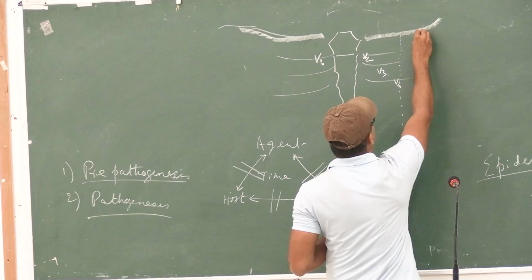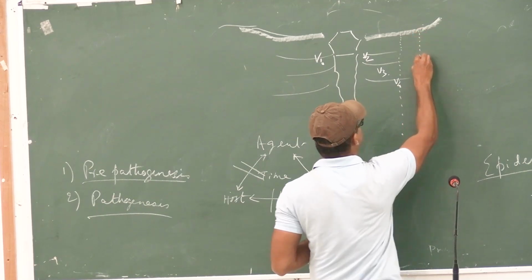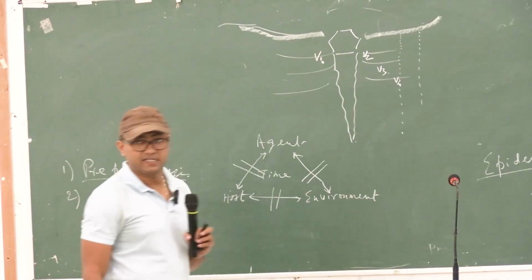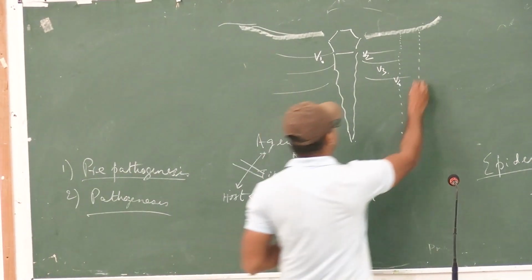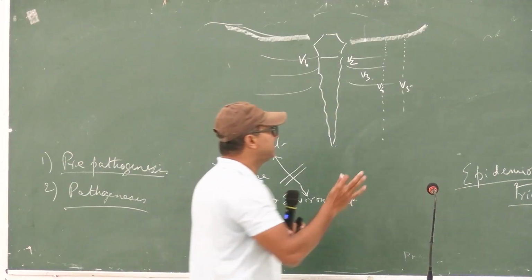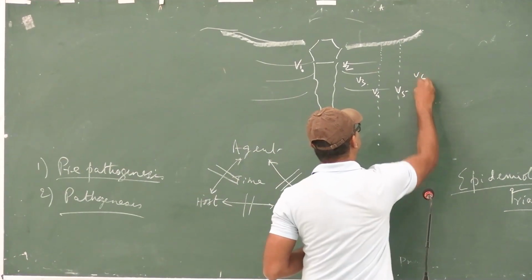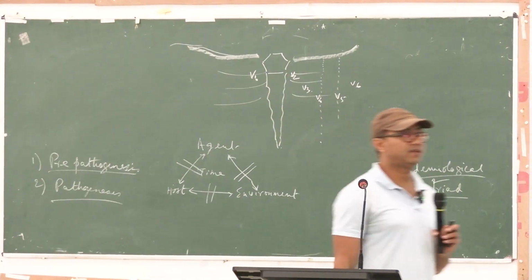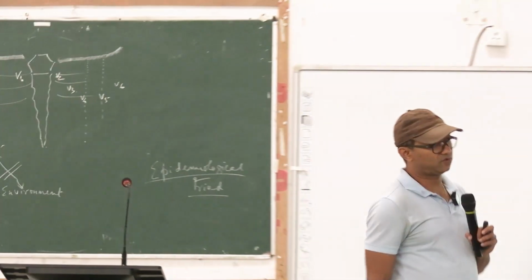Then V5 is on the anterior axillary line, fifth intercostal space, and V6 is on the mid axillary line, fifth intercostal space.